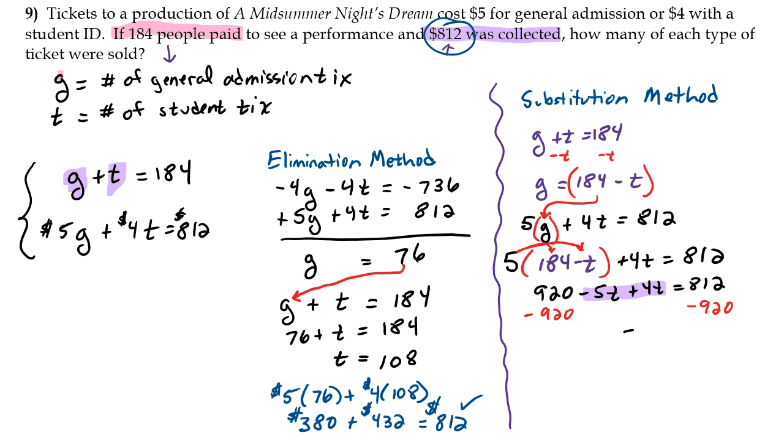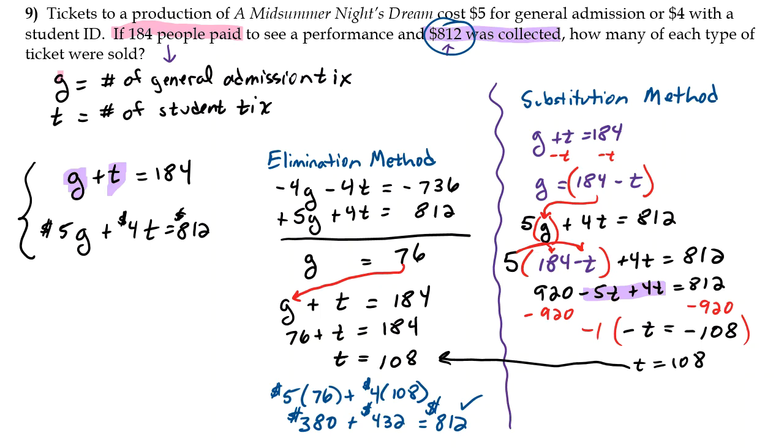So we get negative t equals negative, what is that, 108. Well, it should be 108, right? Because that's the answer that we got before. Multiply both sides by negative 1, and we get t is 108, which is exactly what we got when we did it the other way. All right, so either method here works really well.